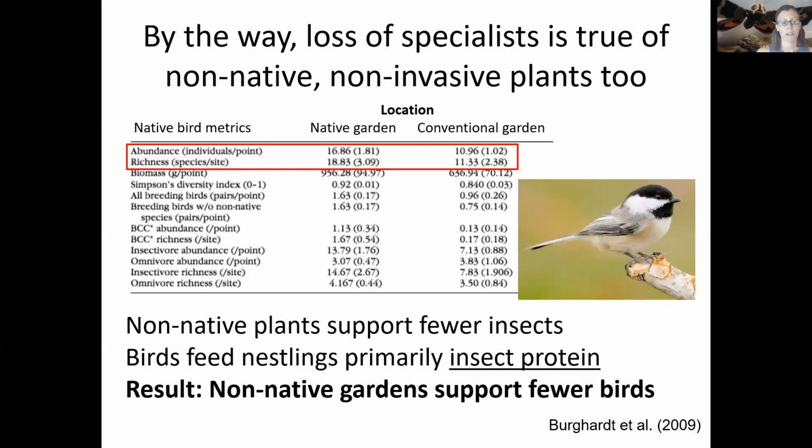And because birds, especially juvenile birds, so birds that are feeding their nestlings, primarily feed them on insect protein, they're going to do a lot better if you've got plants in your garden that are supporting native insects. And so the result of this, if you're interested in gardening one of these days, is to plant native in your garden, because the non-native gardens support way fewer birds.